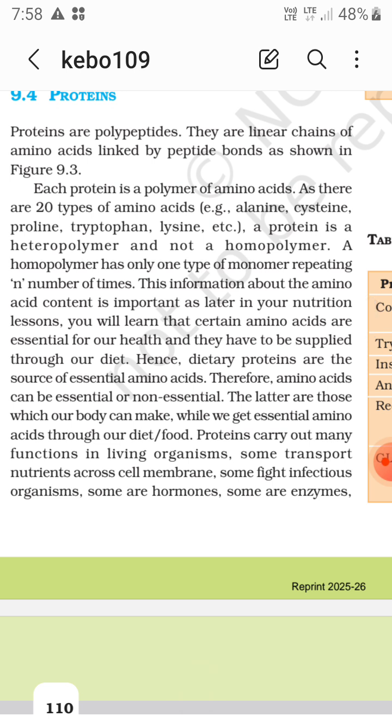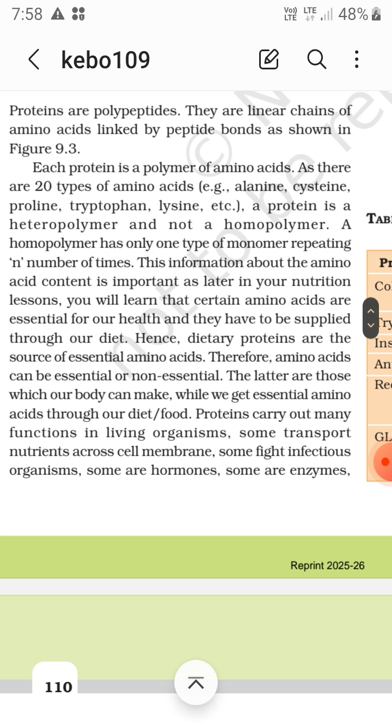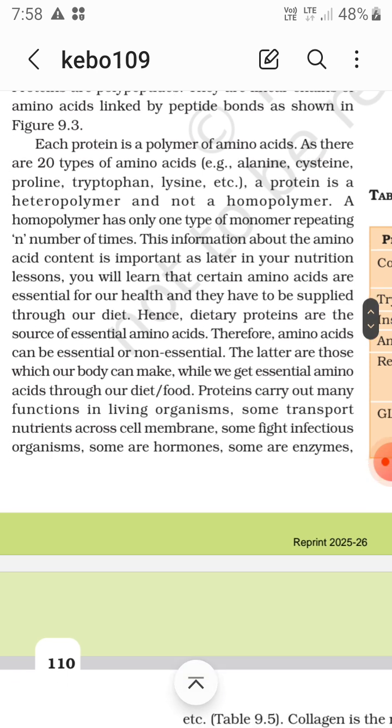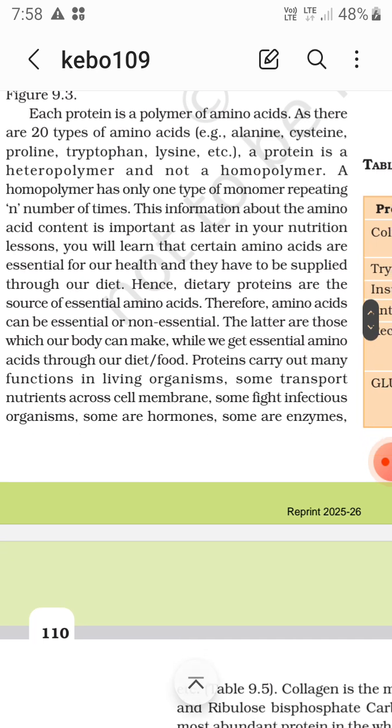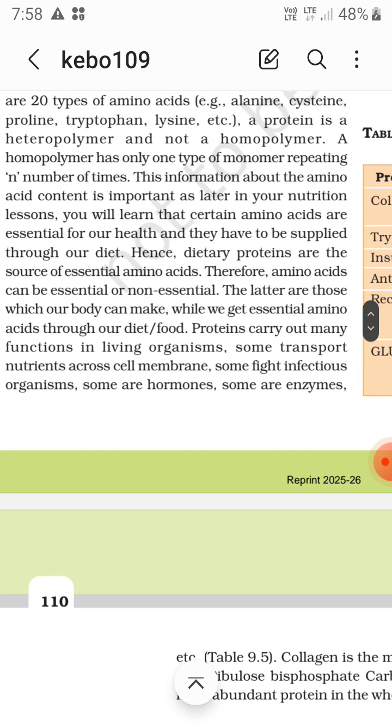Amino acids are essential for our health, and they must be supplied through our diet. Hence the dietary proteins are the source of essential amino acids. Therefore amino acids can be essential or non-essential. The latter are those which our body can make, while we get essential amino acids through our diet. Proteins carry out many functions in living organisms.